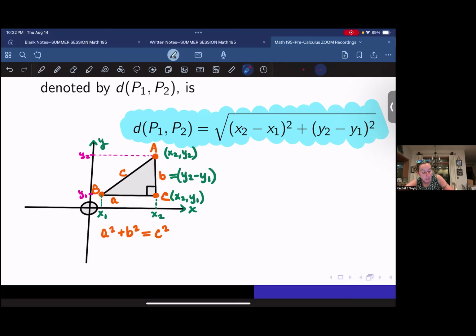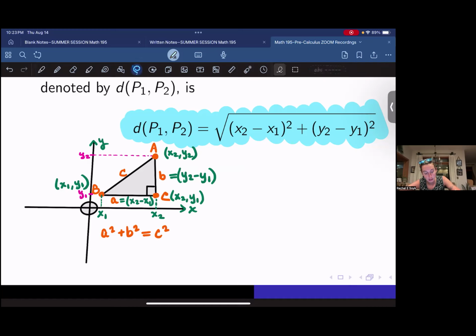And that means we can neglect our y values because our point B is really just x1 comma y1. And so they both share that same y value. And so we just take the difference between our two x's, and that gives us our distance of A. X2 minus x1.